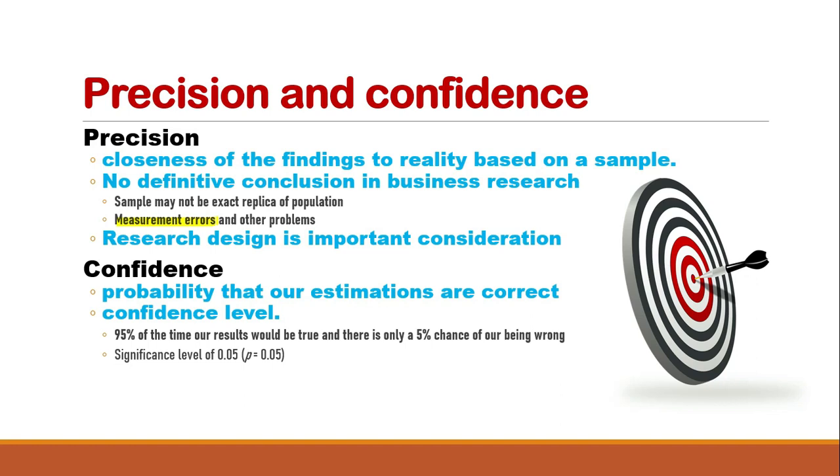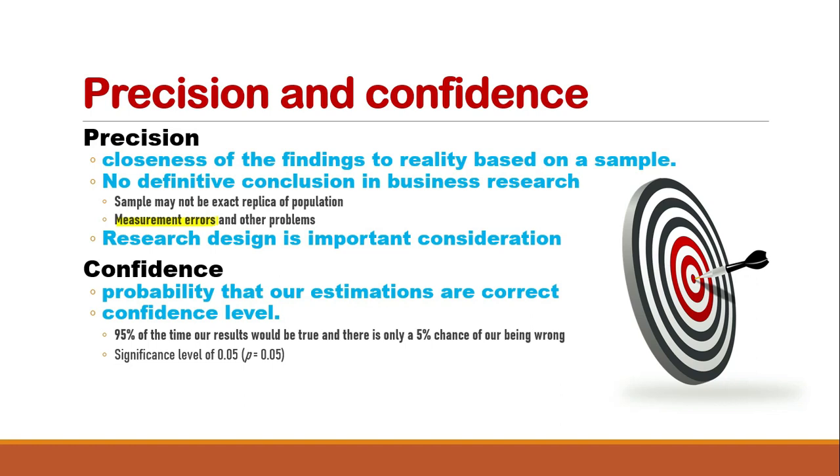Confidence refers to the probability that what we have estimated from our data is correct. How correct? Maybe we can have a confidence that 90% of the time our results are correct, or there is a 95% probability that our result is correct, and there is a 5% chance of error.